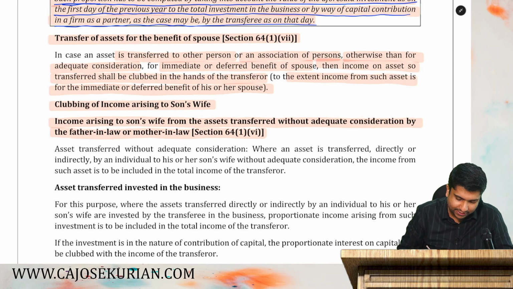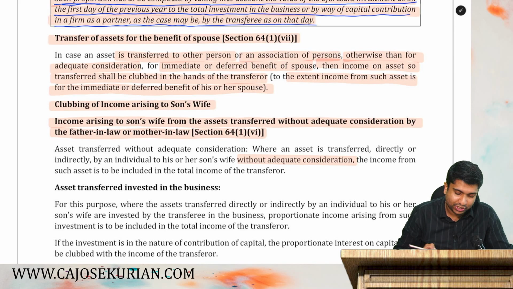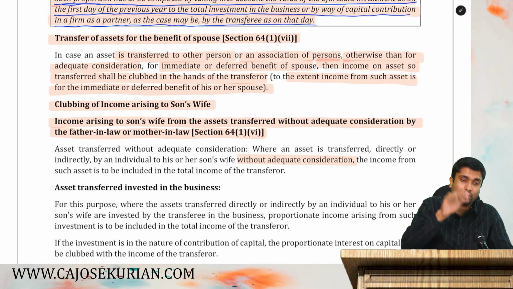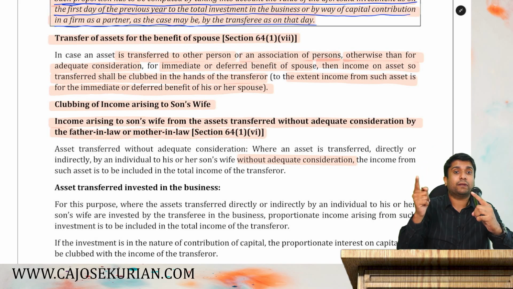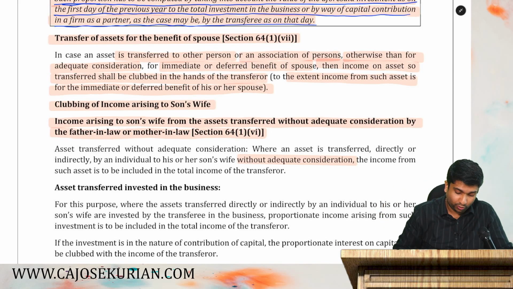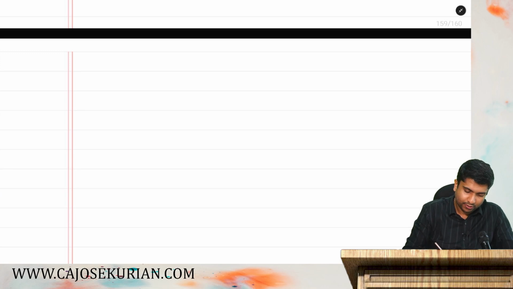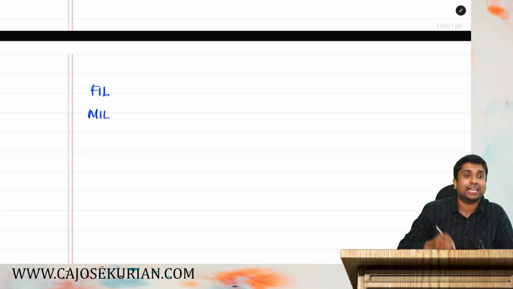So what the department says is, when the father-in-law or mother-in-law directly or indirectly transfers any asset without adequate consideration in the name of the daughter-in-law, then what will happen? Income from that particular asset will be clubbed in the hands of the father-in-law or mother-in-law. So listen friends. FIL means father-in-law, MIL means mother-in-law.